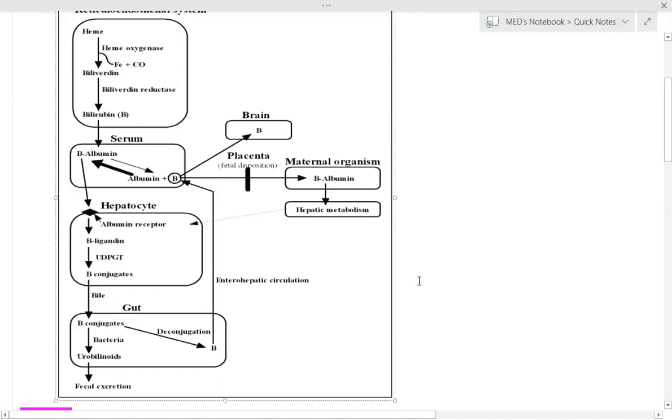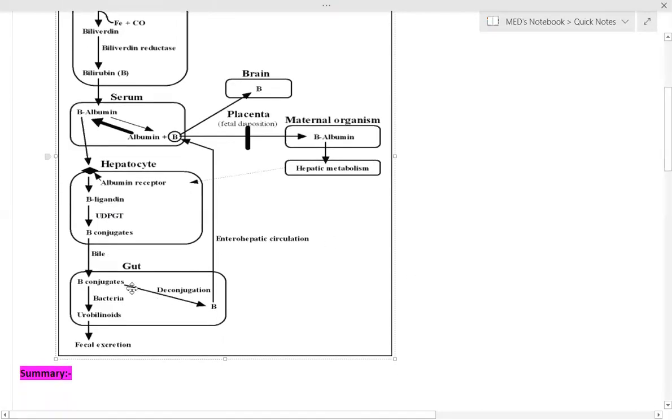Through the bile, it comes inside the gut, and being inside the gut, the conjugated bilirubin with the help of certain bacteria can form urobilin. Now this urobilin is excreted in the feces.